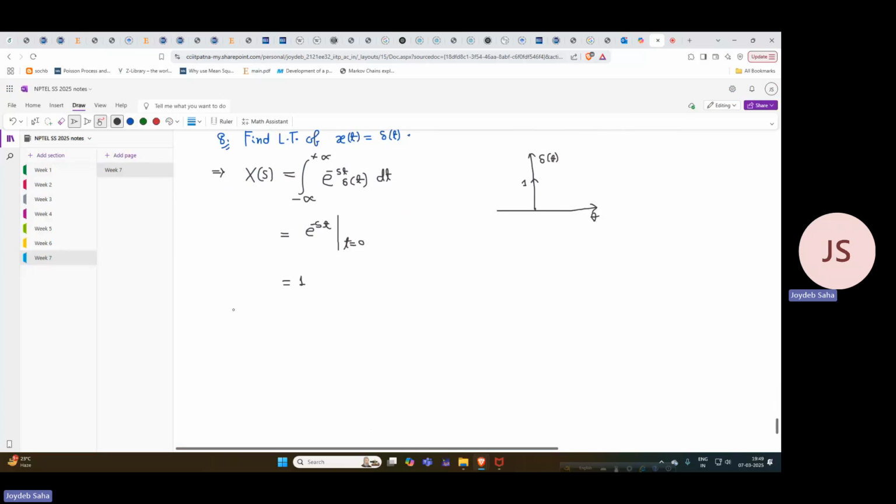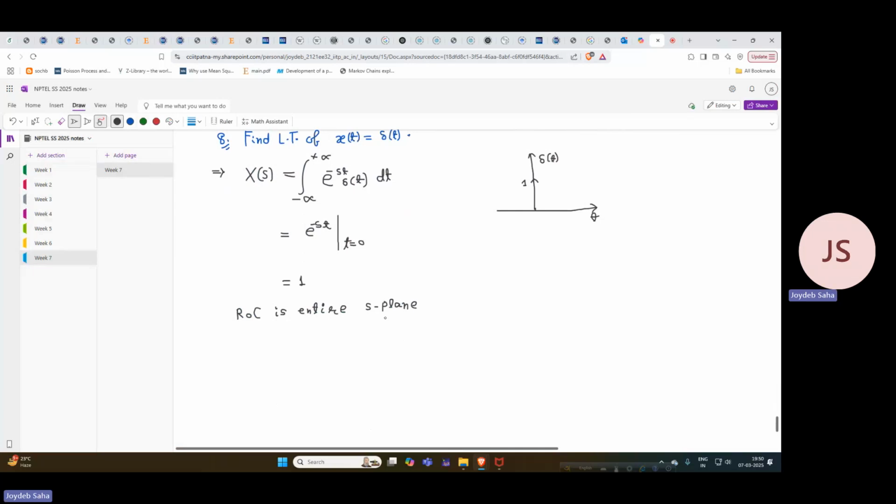It is a finite duration signal, so ROC is the entire S-plane.